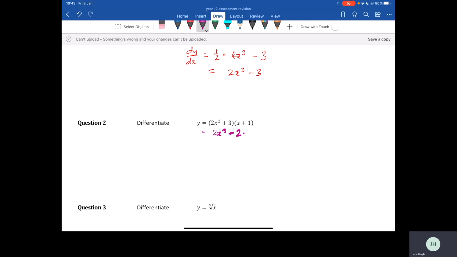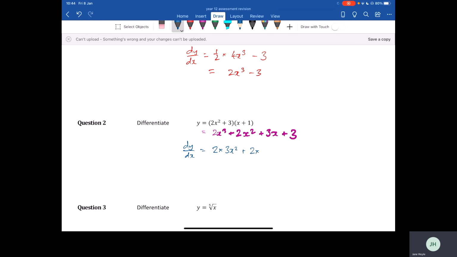plus 2x squared plus 3x plus 3. I'm not sure why that's gone to a fat pen. Let's change colour. Actually, there's nothing there to simplify, so we can just get straight on to the differentiating. 2 multiplied by differentiate x cubed, 3x squared.